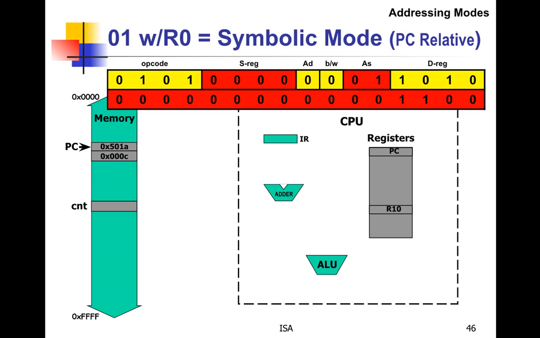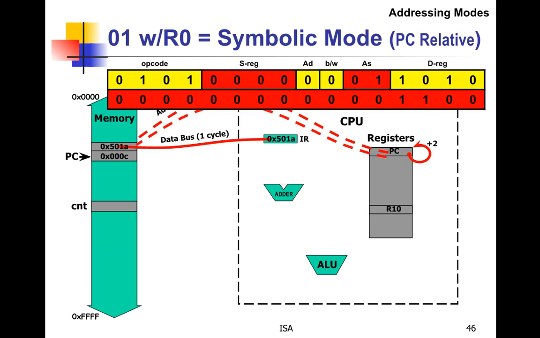So let's see what happens in symbolic mode. This is using register R0, which is the PC, the program counter. First of all, the program counter is used to go out to get the next instruction and put it in the instruction register. The program counter is incremented and moved down, and then we go out and read the next word where the program counter is now.